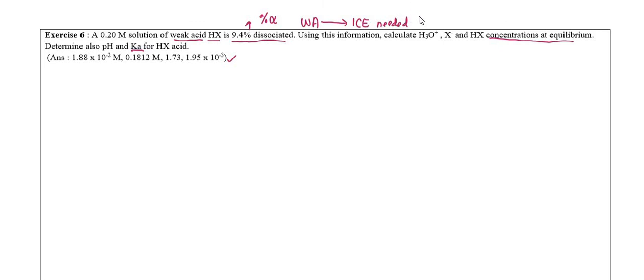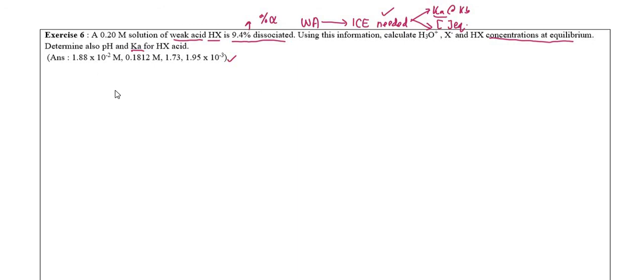Dan yang kedua bertepatan dengan function ice table, iaitu nak cari Ka or Kb. For this case kita nak cari Ka, and the function yang kedua kita boleh cari concentration pada equilibrium. Yes, concentration at equilibrium. So ice table needed.